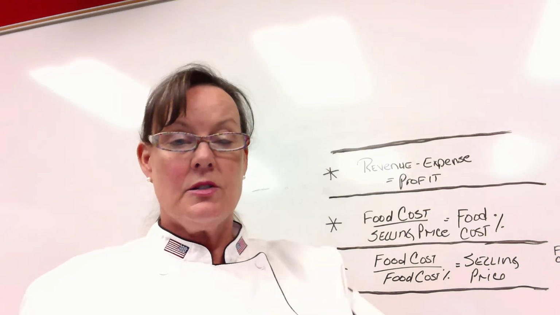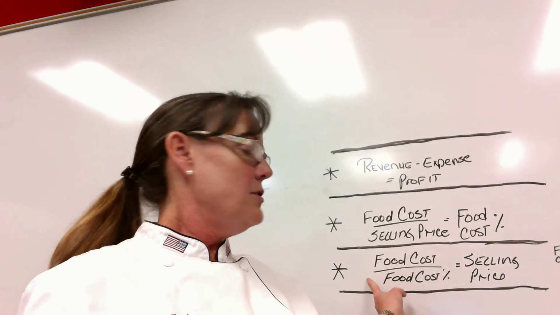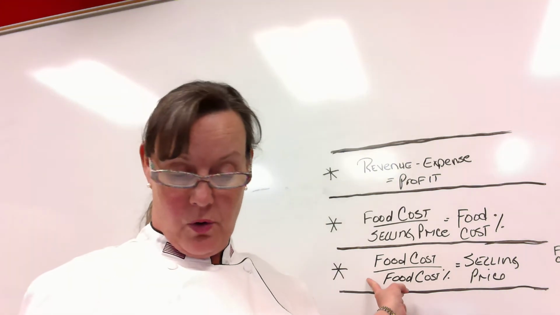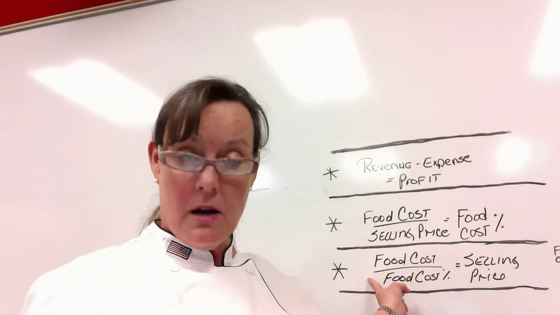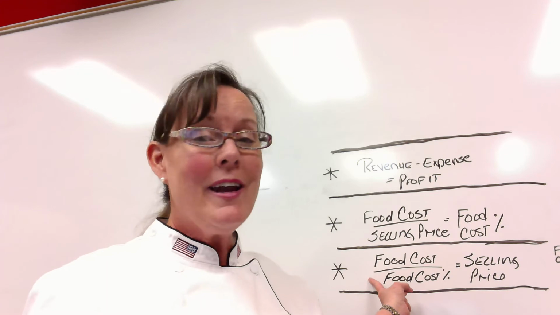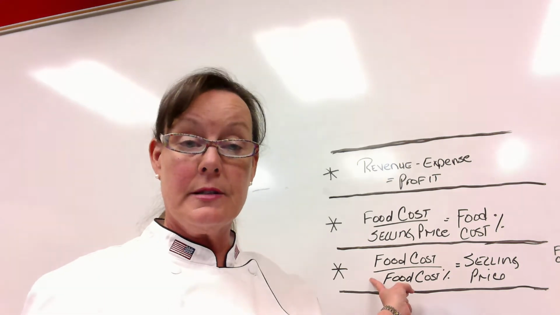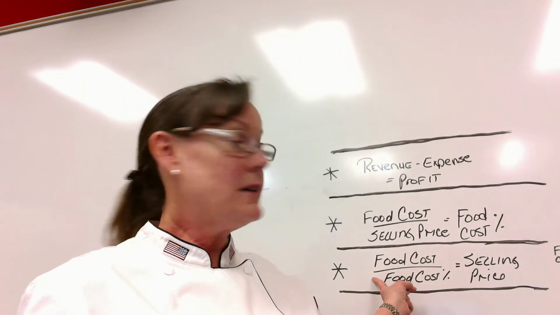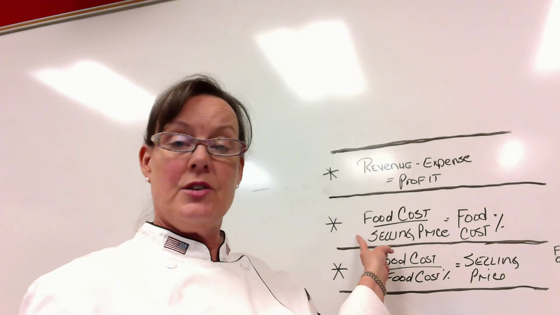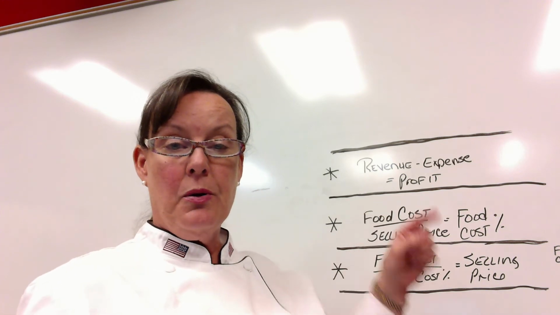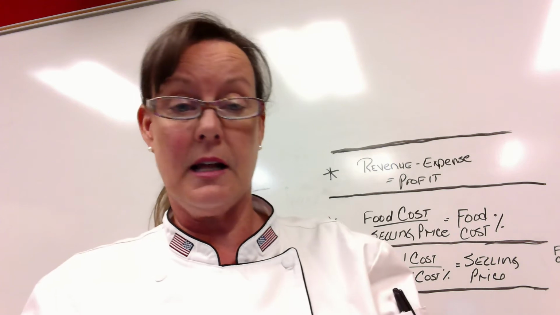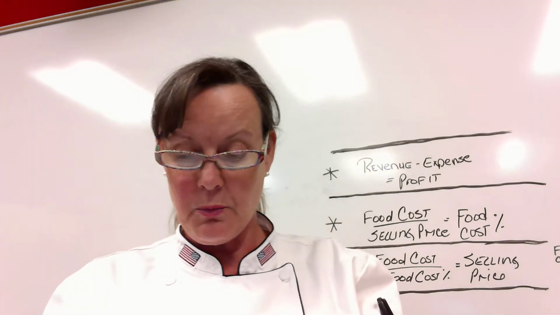Either underline it or highlight it, whatever makes it easier for you to see, recognize, and go back to. And then to the right, put food cost divided by selling price equals your food cost percentage.